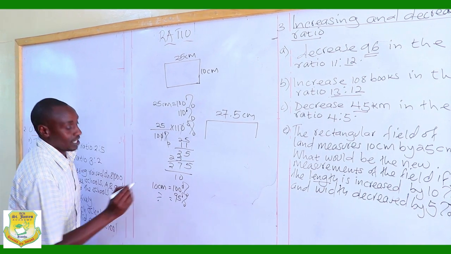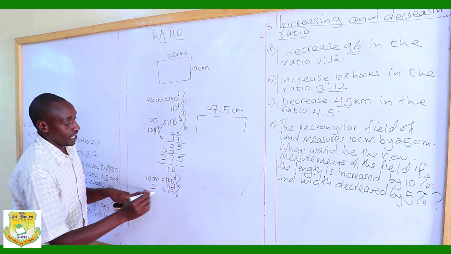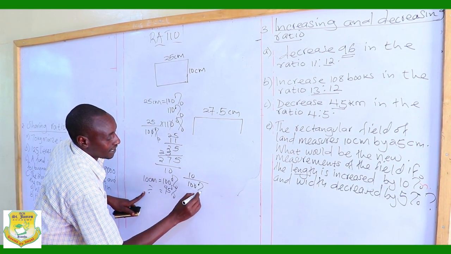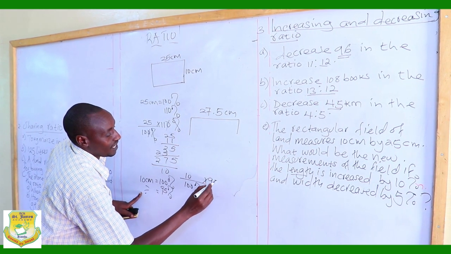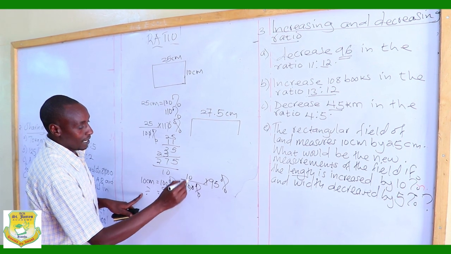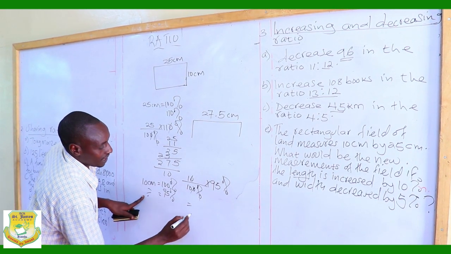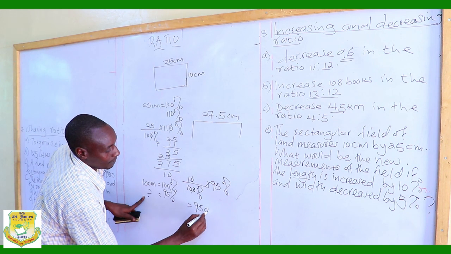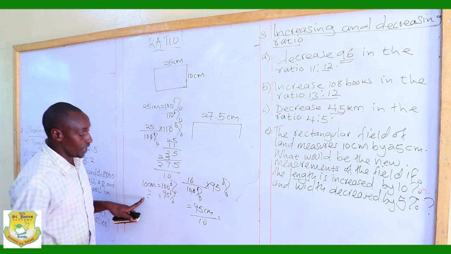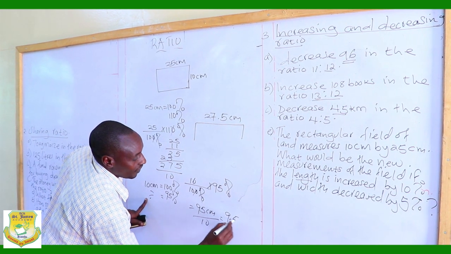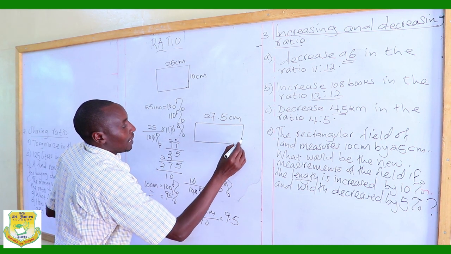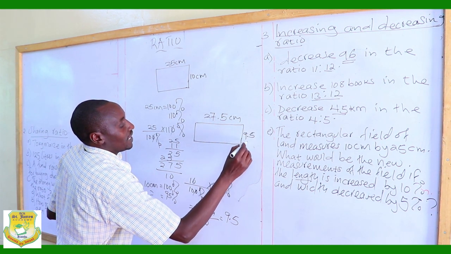So I get the new width. So it is 10 divided by 100% multiplied by 95%. Percent with percent, by 10 by 10. So I get 95 centimeter over 10, meaning the new width will be 9.5. So this one will become shorter, becomes 9.5 centimeter.